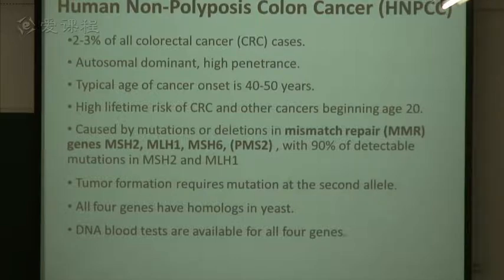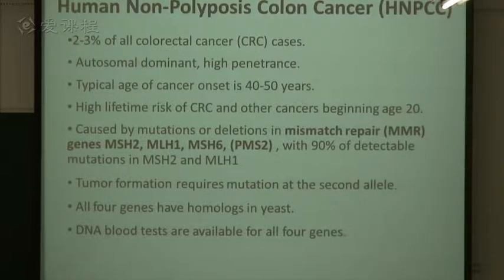The typical age of onset of this type of cancer is 40 to 50 years, and it's caused by mutations in DNA mismatch repair genes: MSH2, MLH1, MSH6, and so on.